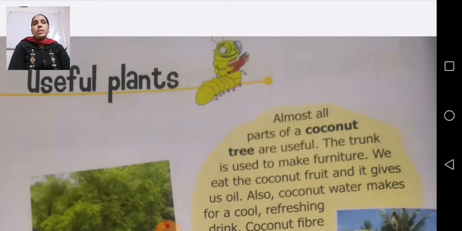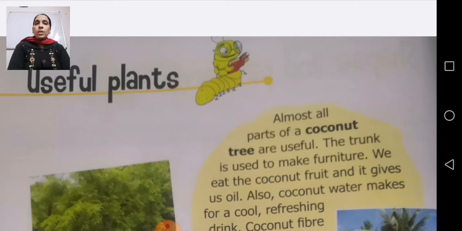Useful means the plants which have more than one use, and these plants are found at home, and we can use these plants for different purposes.